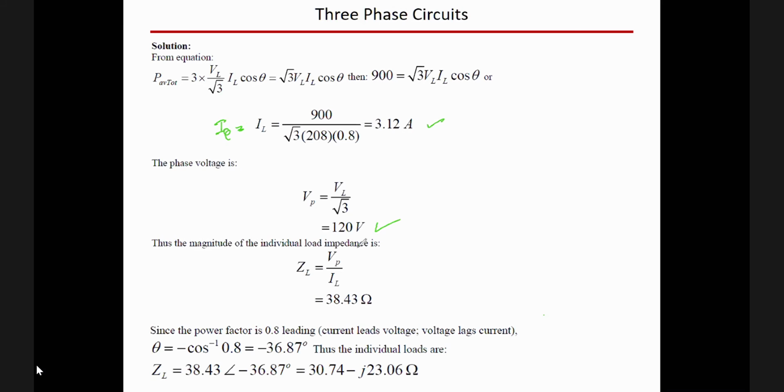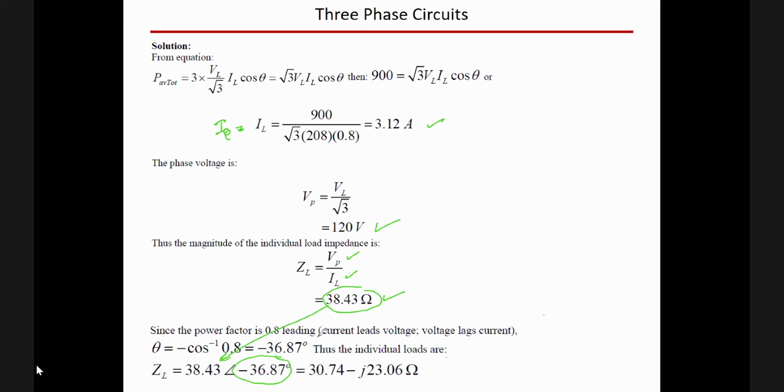He's dividing the magnitude of the phase voltage by the phase current. So the magnitude of the impedance is 38.43. But for the impedance, you need both magnitude and angles. So after finding the magnitude of the impedance, we specify the angle of the impedance, similar to what we did with the power factor.